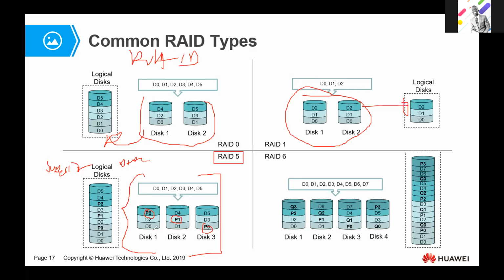So RAID 5 does not back up the stored data, but what it does, it stores the corresponding parity data on different member disks. I don't know if you're seeing these different member disks. So when the data on one member disk here, disk 1, is corrupted, the corrupted data can be recovered based on the data on other member disks.